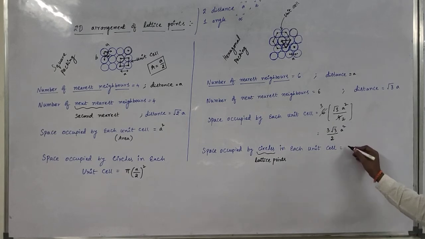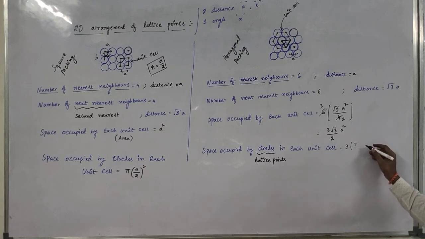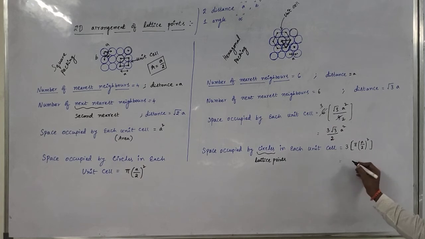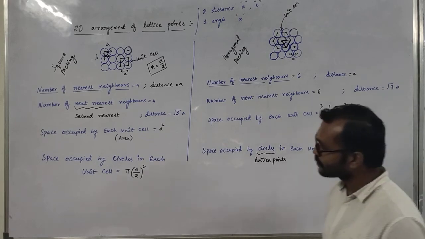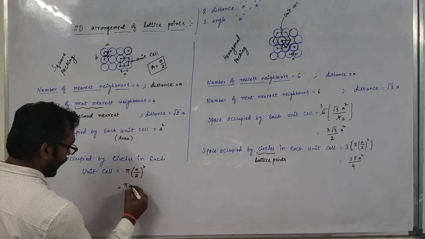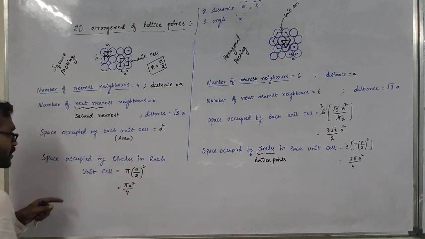So 3 into pi r square, with r as a by 2 whole square. This is nothing but equal to 3 pi a square by 4. Here this value is pi a square by 4.